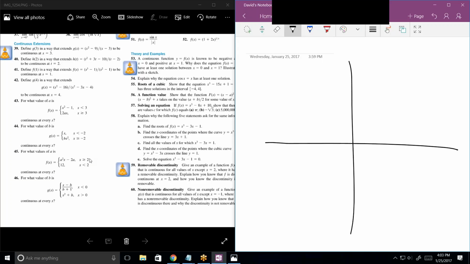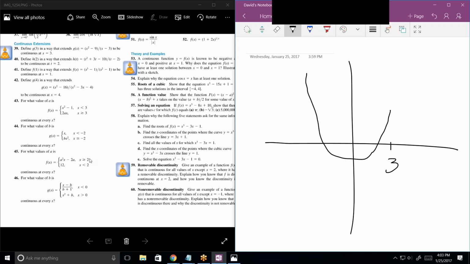Well, here's 3. And it's x squared minus 1, which looks like this. Parabola. And I stop it right there. And then the other function is linear, 2 times a times x.